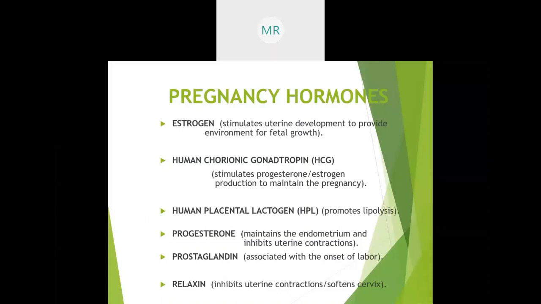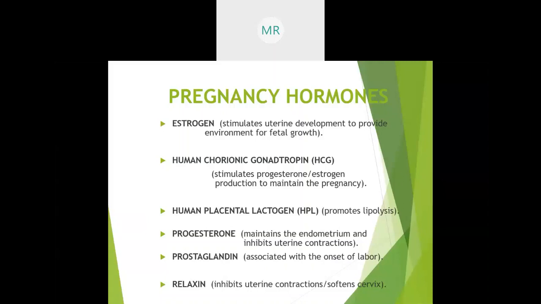And then relaxin. You'll hear about relaxin again when we talk about the antepartum, which is a labor and delivery lecture. Relaxin inhibits uterine contractions and it softens the cervix. It's found in maternal serum from the time of the first missed period, and it's made by the corpus luteum.